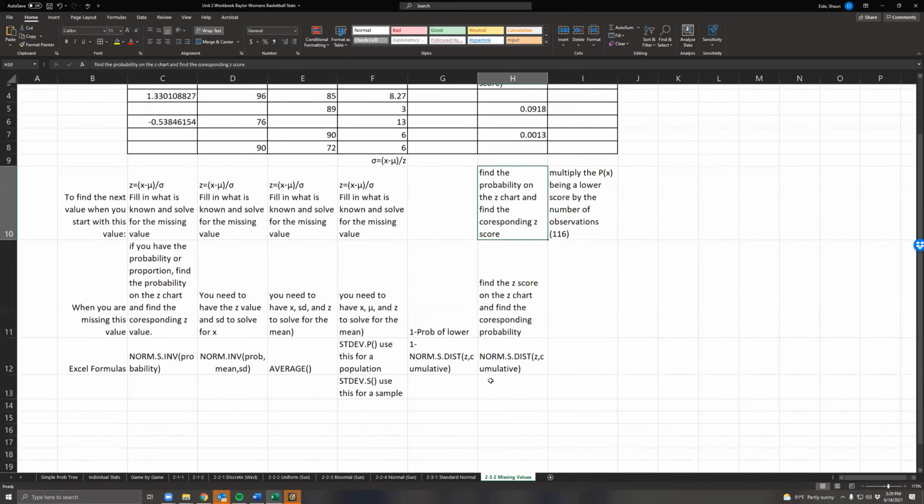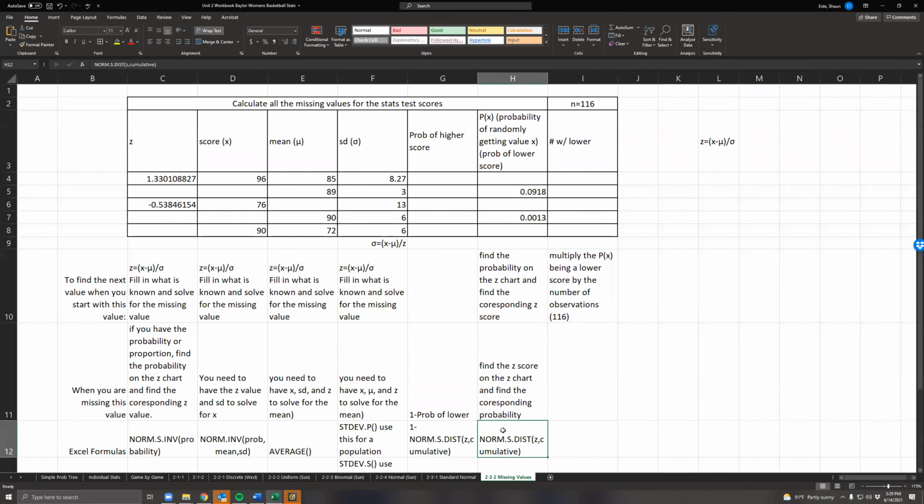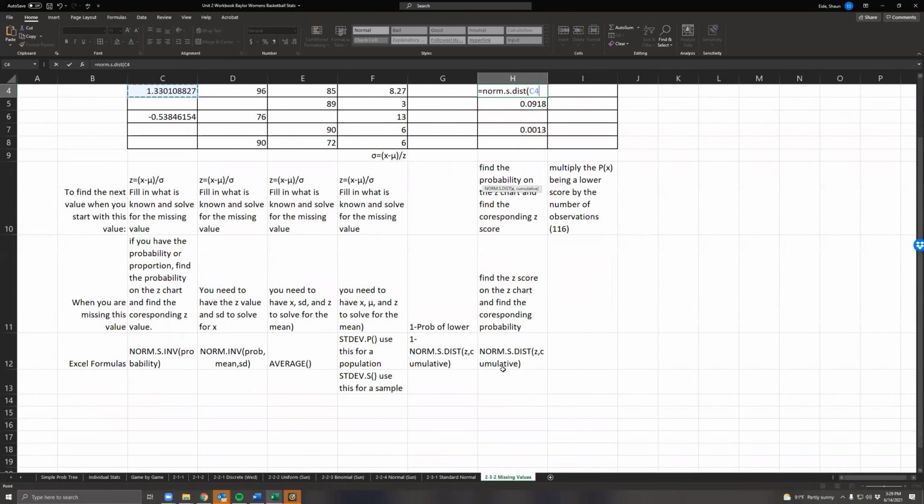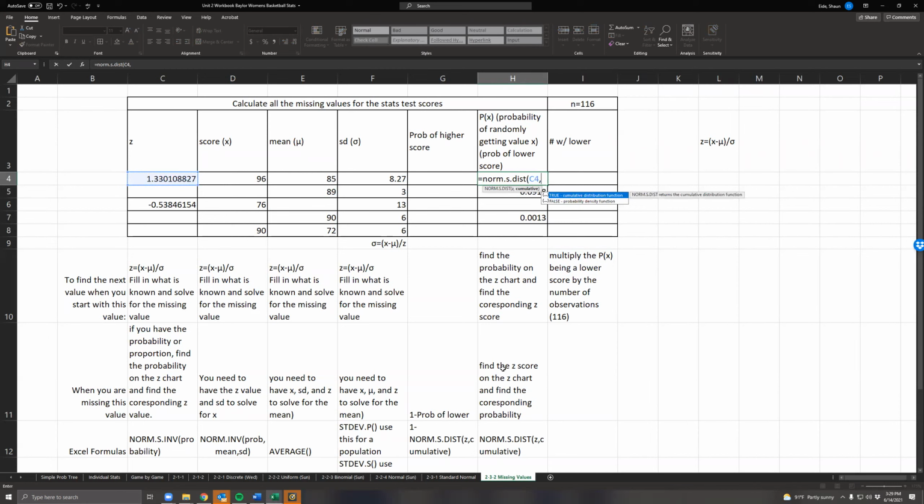And then in order to find the probability, this formula right here, this norm.s.dist, gives you the probability of getting greater than this z-score. Okay, so we're going to do equals norm.s.dist, and then we're going to put the z-score. And then if we put cumulative, it tells us the probability of it being below this right here. And at least I'm pretty confident I tell you to put cumulative.